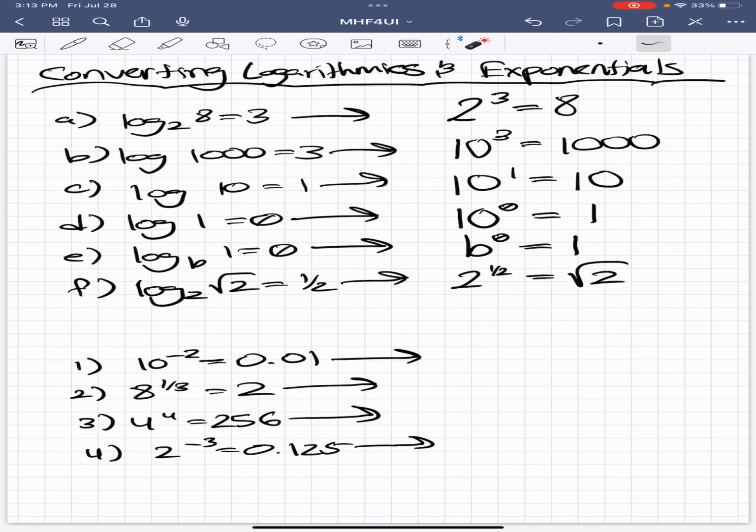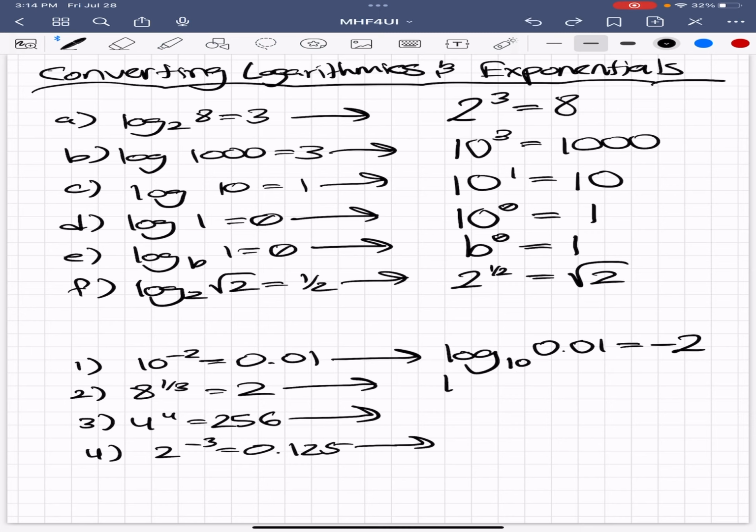Now we're going to switch it up and go from exponentials to logarithmic. So let's get started here. So we have a log. I wouldn't normally have to write the base of 10, but I'm just going to do it for more clarity. Our answer is 0.01 and our exponent is -2. So our base, our y, and our exponent.